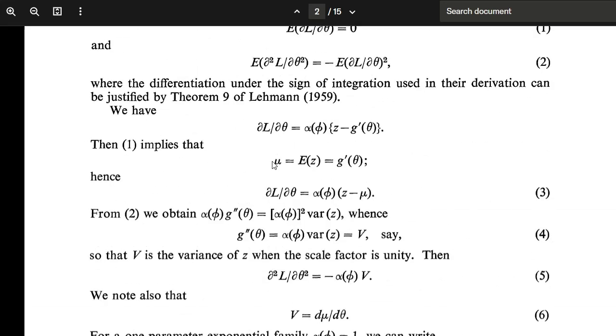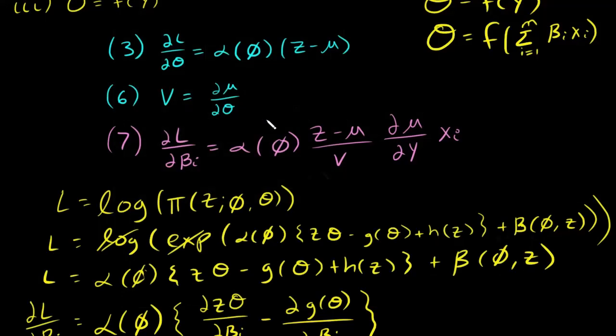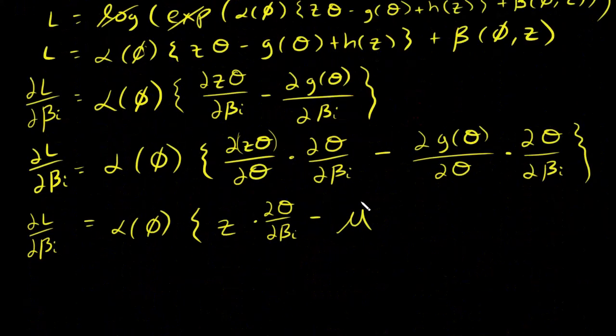Here it is. So the derivative of g with regards to theta, that's prime notation. It's directly before equation 3. You see that's how they've defined mu. So this here is mu by definition, and we discussed it previously. I'll provide again the link to that video where we discuss that in more detail in the description of this video.